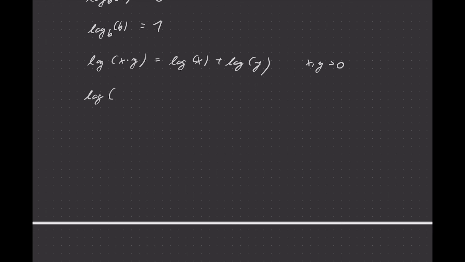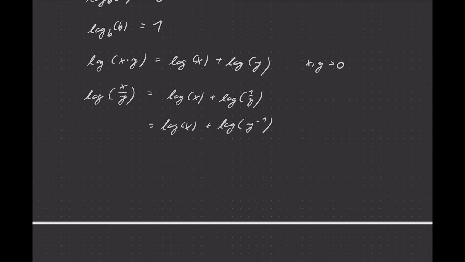Also, log of a fraction, like x over y, that's the same thing as log x plus log 1 over y, which is log x plus log of y to the power of minus 1.